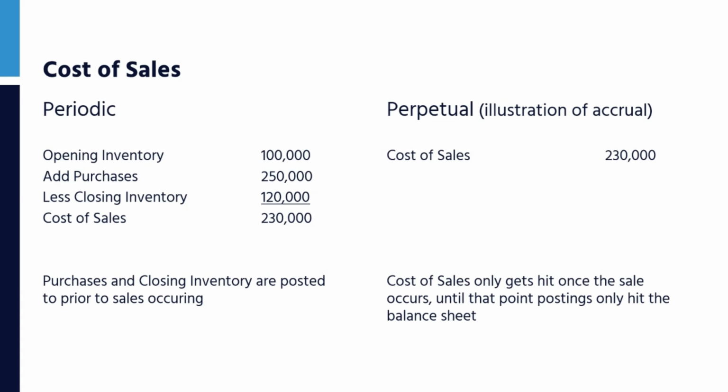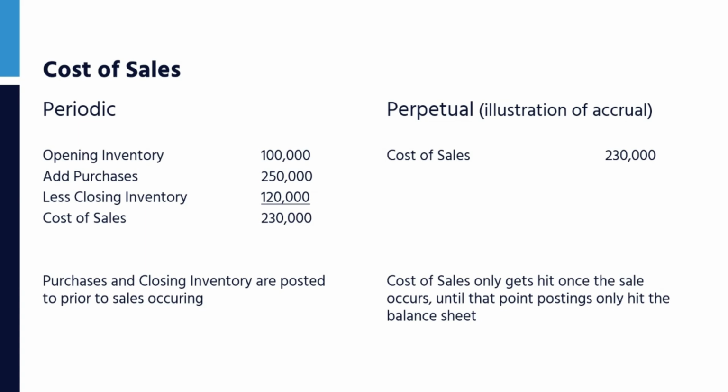Whereas in perpetual, or the stock sense, or accrual, which is an illustration of accrual, I should say, you're just going to get your cost of sales. That's the way the cost of sales behaves differently, which is the crux of the difference between the periodic and accrual bases that we have.